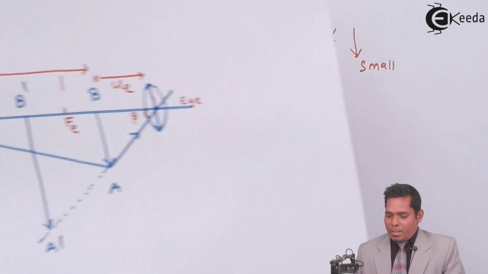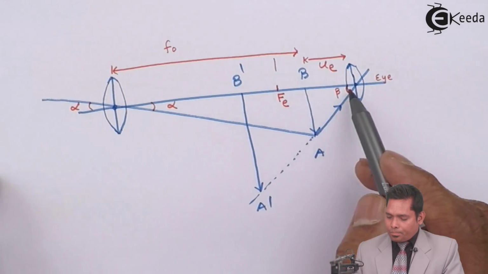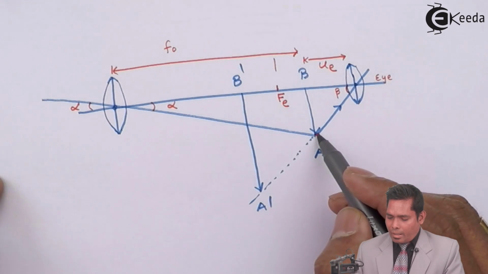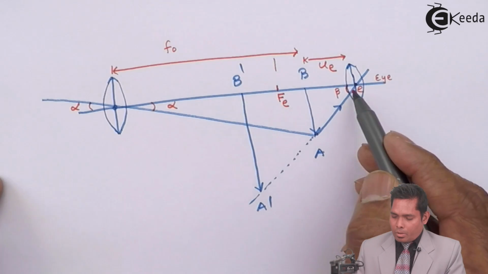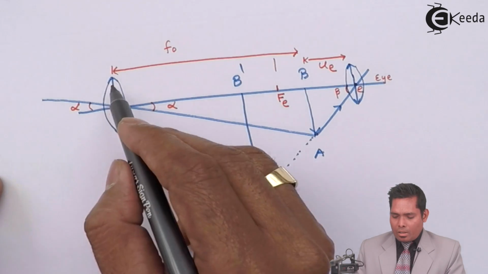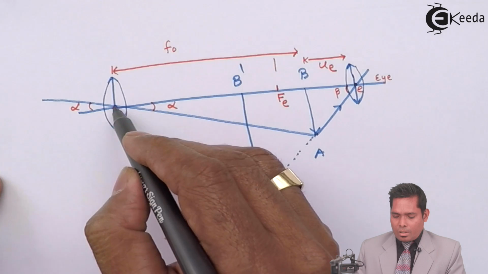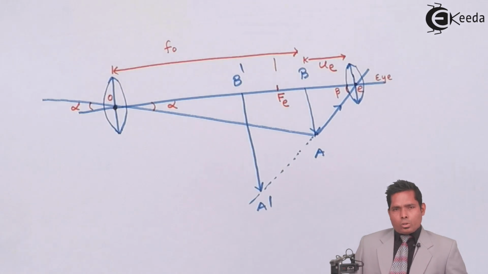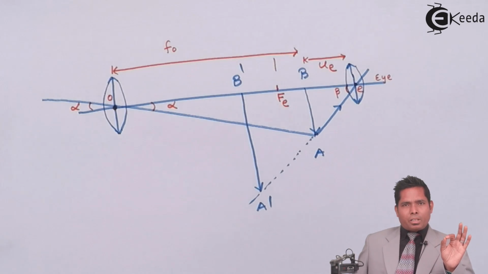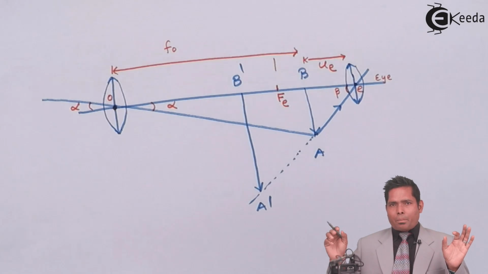So this tan beta in this diagram of this triangle A, B, and this point, suppose this point is E, because this is the optical center of the eyepiece, this is objective lens, this is the optical center of objective lens, so let us say this is O. So one point is the optical center of objective, the other one is the optical center of eyepiece.